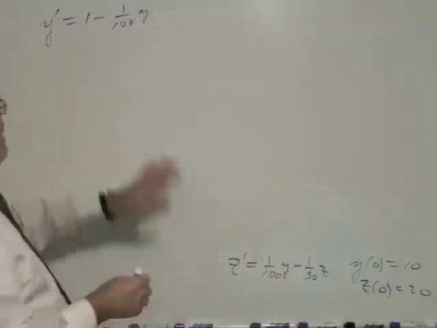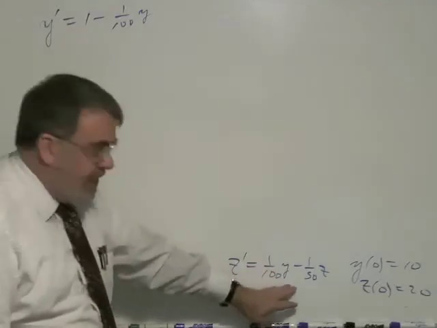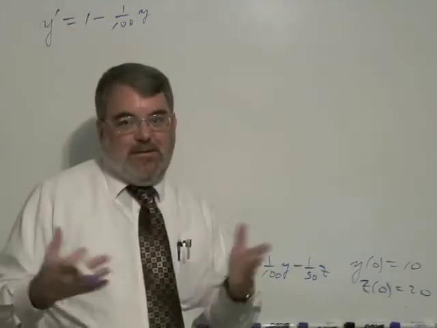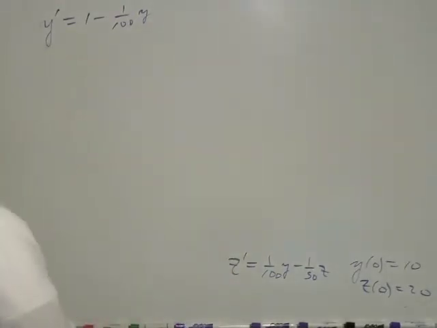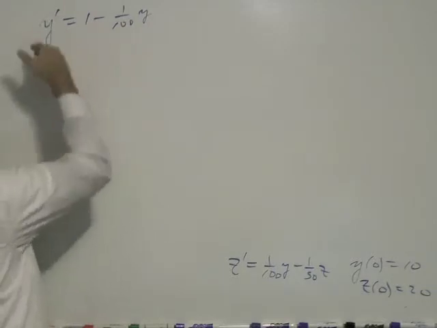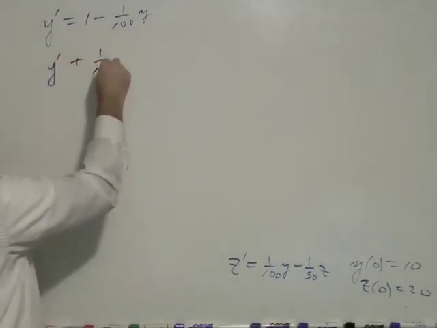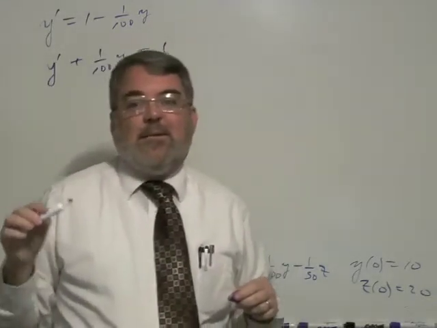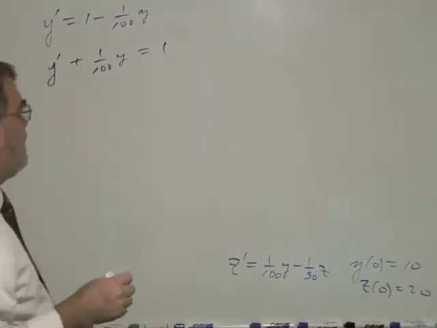I'm back, and here's the first equation I'm going to work out, and when we need it, here's our second differential equation, because my ultimate goal is to figure out z of t, because I think that's the interesting equation to figure out. Alright, well, if I rearrange this as y prime plus 1 over 100 y equal to 1, it fits the form of the equations that we solved by multiplying by an integrating factor.